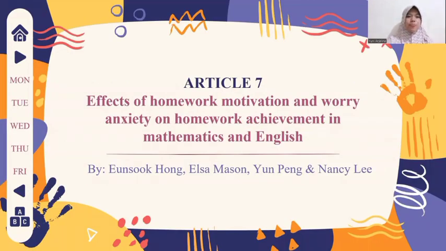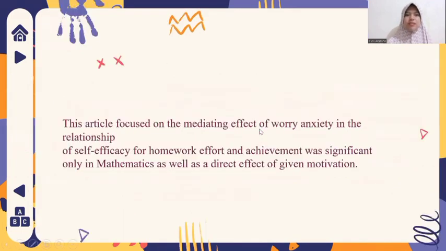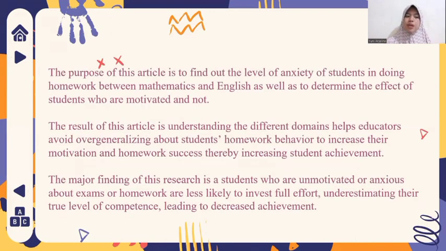Article 7. Effect of homework motivation and worry anxiety on homework achievement in mathematics and English. In this article, the focus is on the mediating effect of worry and anxiety in the relationship of self-efficacy for homework effort and achievement, which was significant only in mathematics, as well as a direct effect of motivation.